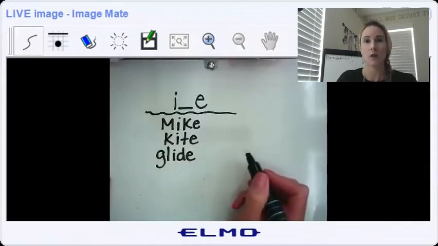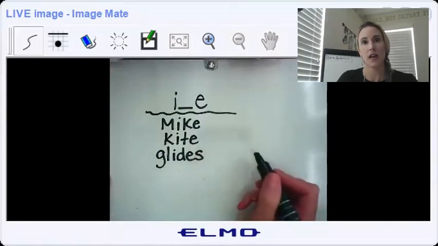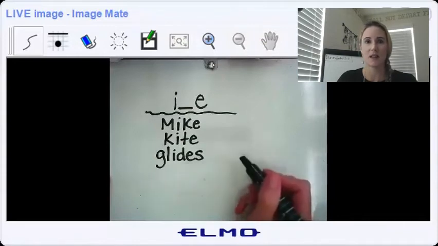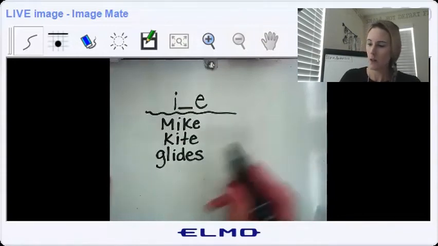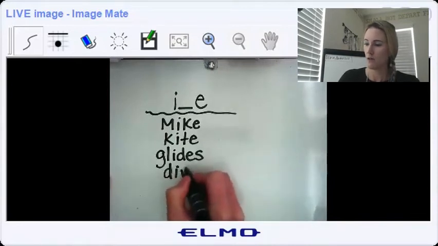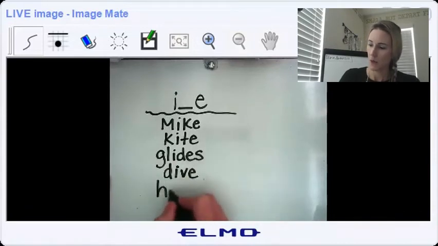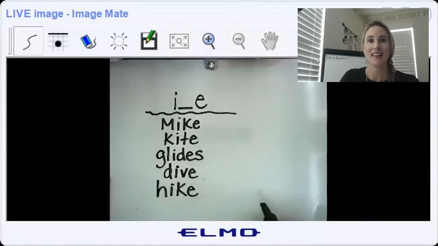And I want to point out that you can add endings to the words. And you read it the same way, you just add on your ending. So the word is glides. It's the voiced S sound that goes Z. You'll have dive. Okay, here's another one where we're going to add an ending. So right here, the word is hike.